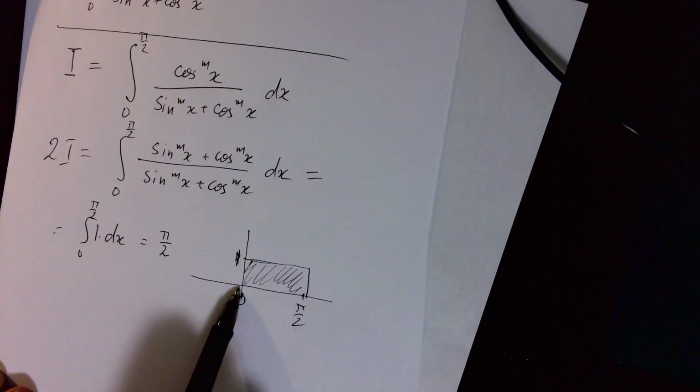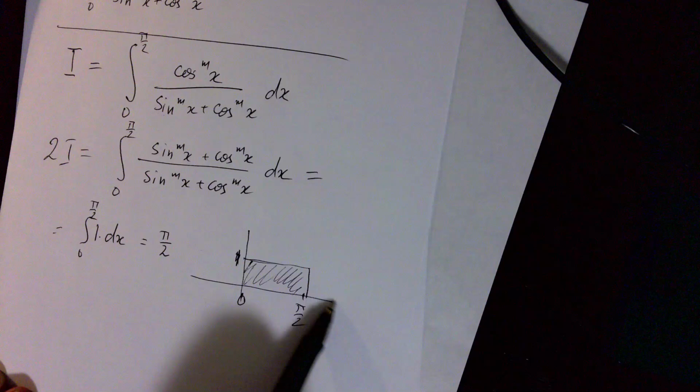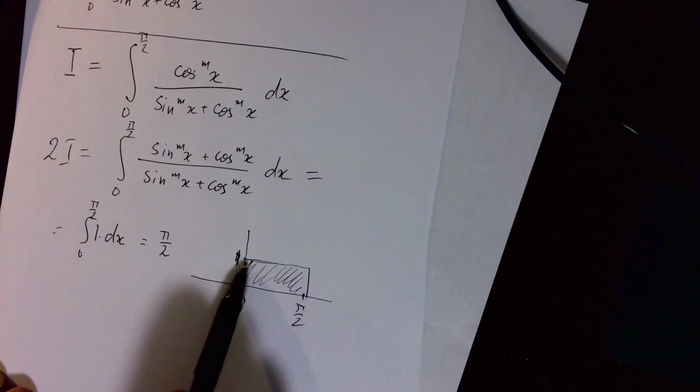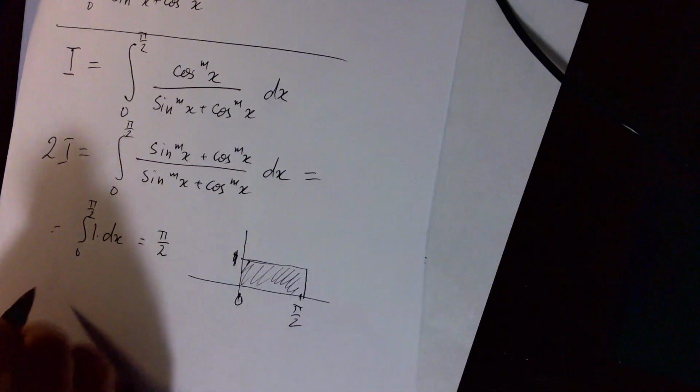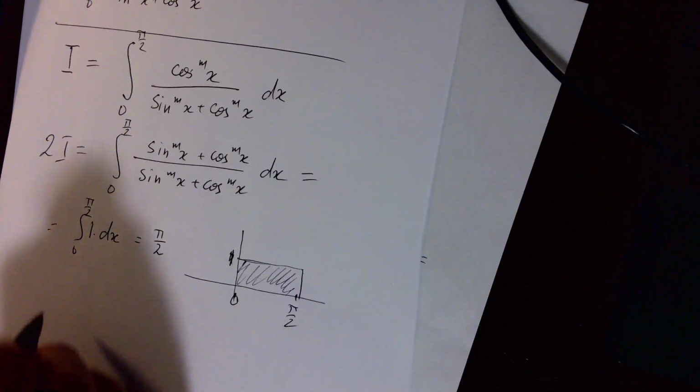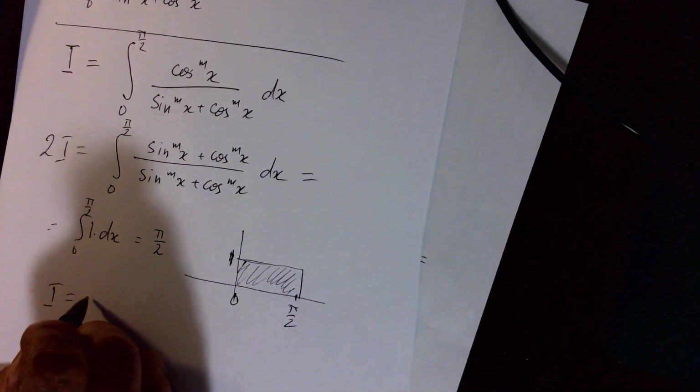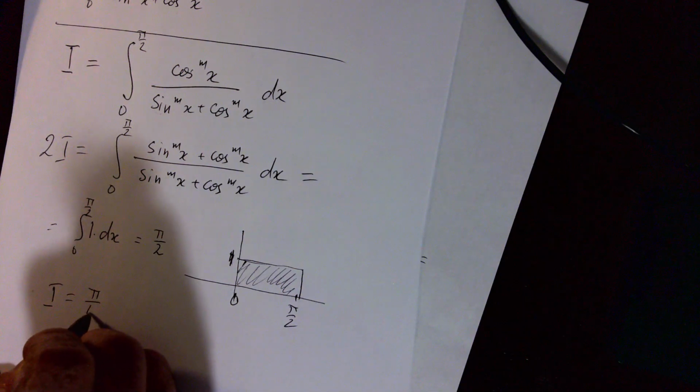Of course, it's a rectangle. The area is pi over 2 times 1, pi over 2. It means that 2I is pi over 2 and I is pi over 4.